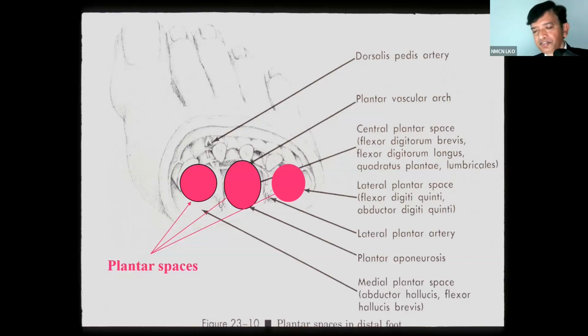Why is this important? If there is any pressure or trauma or any pus pocket in these spaces, it becomes compartment syndrome. These compartments have high pressure, leading to compression of the vessels, and further supply to the organs is reduced.